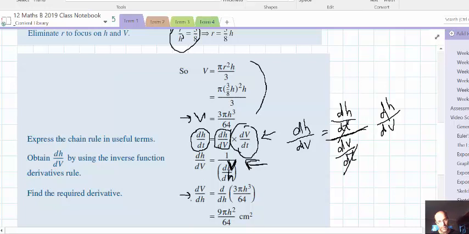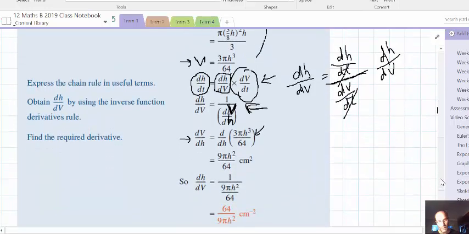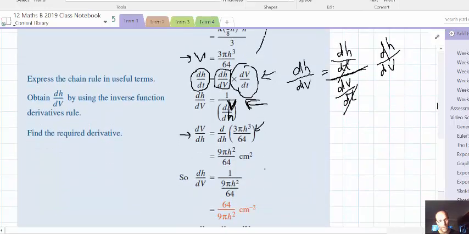Writing that out then, to get the dv/dh, it's the derivative of that with regards to h, and you get 9 pi h squared over 64 centimeters squared, and then we take the inverse of it and we get 64 over 9 pi h squared.